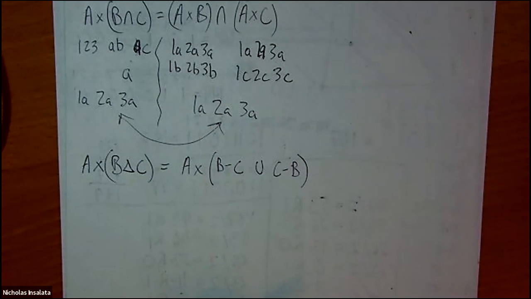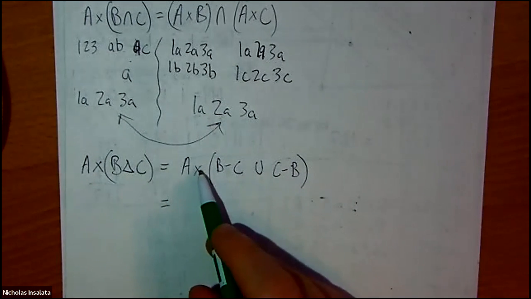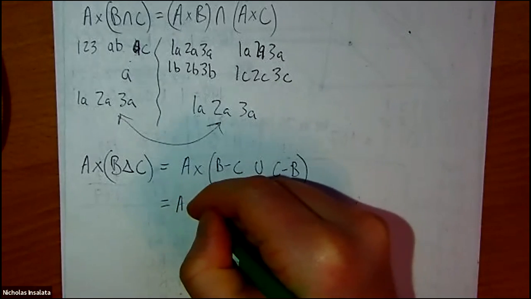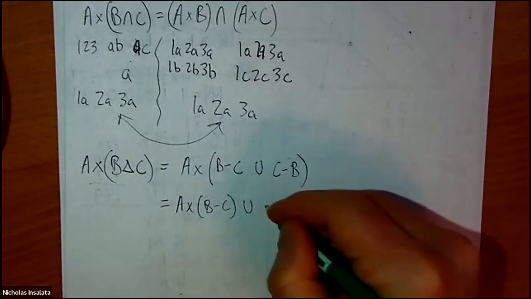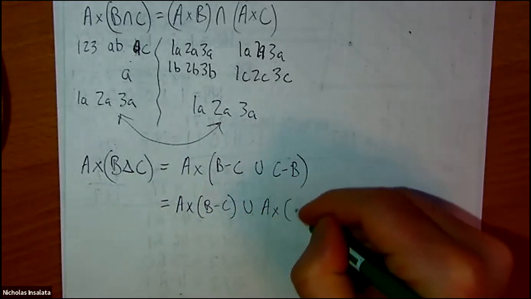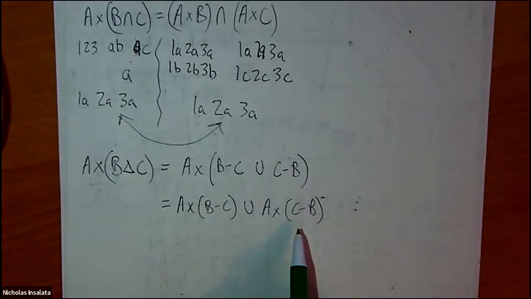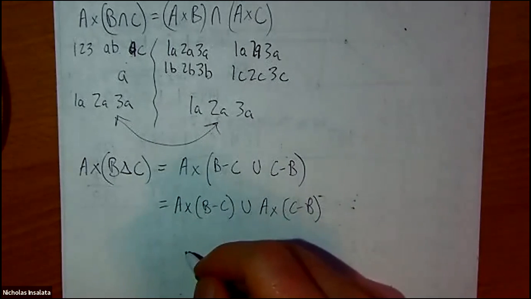Okay, so then from there, what are we going to get? Well, then we can distribute this A cross over the union. So we'll have A cross B minus C union A cross C minus B. Well, and then we can distribute those A's into the set subtraction, right?